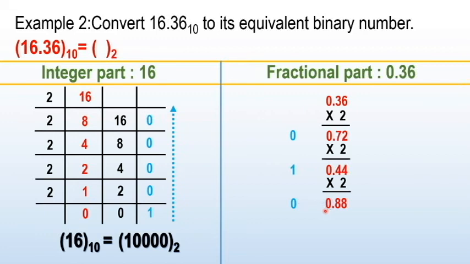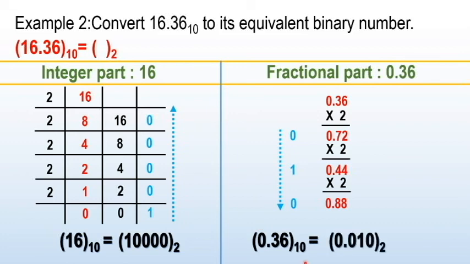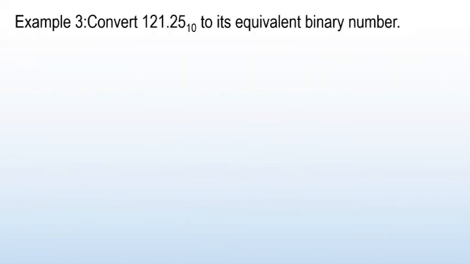So we need to note down all these parts from top to bottom. So 0.36 in decimal is equal to 0.010. So in total 16.36 in decimal is equal to 10000.010.